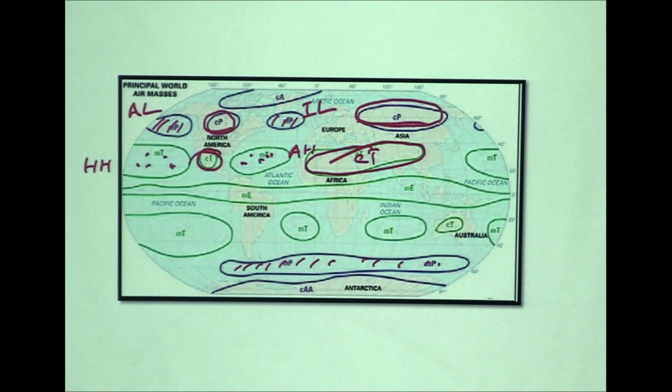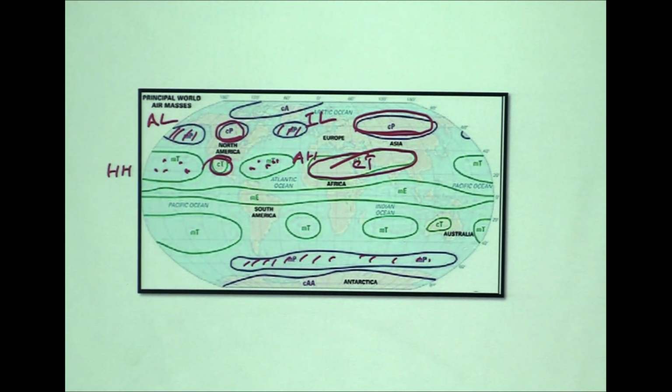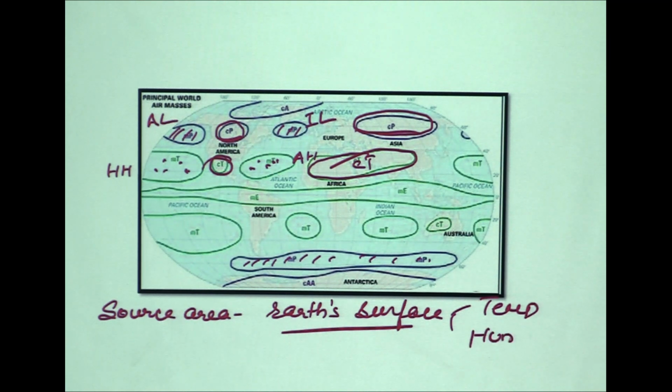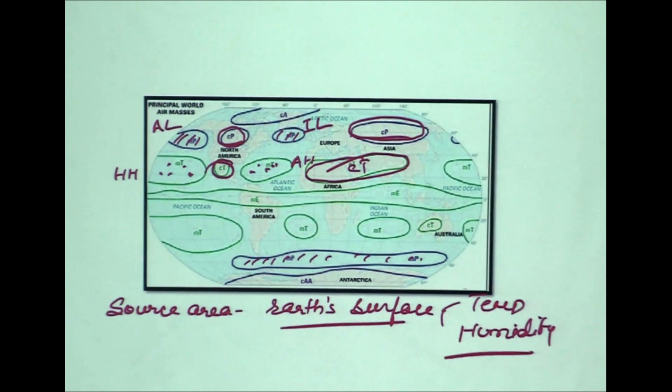What is source area? Source area is Earth's surface from where the air column attains its temperature and humidity, sufficiently distinguishing it from the other neighboring air masses.